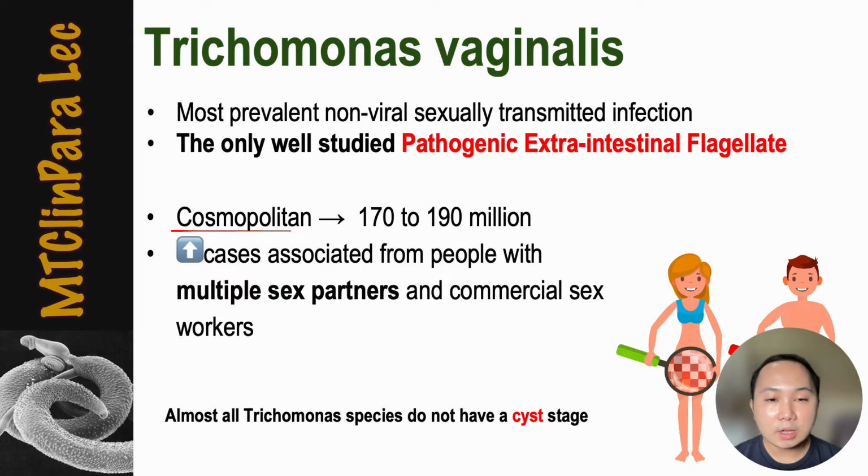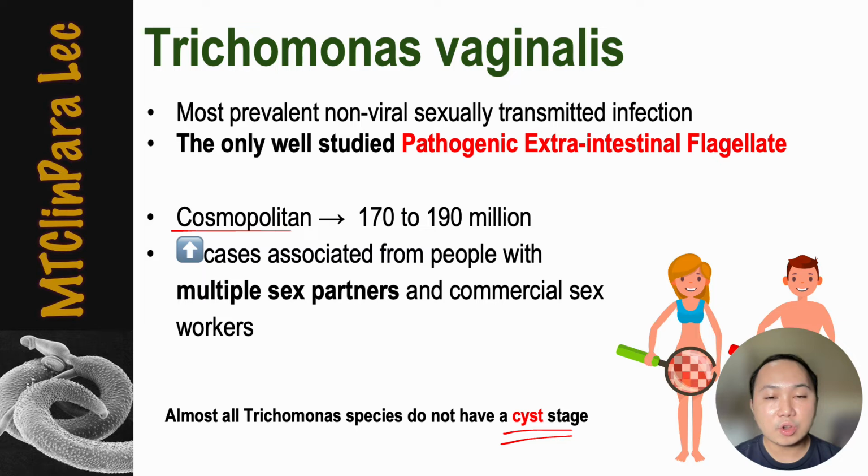Remember, when it comes to morphology, all Trichomonas species do not have a cyst stage. I believe I discussed this already in our previous discussion on amoeba: most of the time, parasites undergo cyst form to protect their species, especially once they are dislodged in your stomach region.